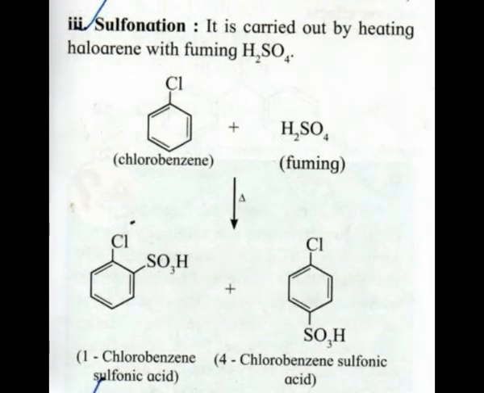Another simple one now, sulfonation. It is carried out by heating haloarene with fuming H2SO4. So chlorobenzene plus fuming H2SO4 gives you 2-chlorobenzenesulfonic acid plus 4-chlorobenzenesulfonic acid.